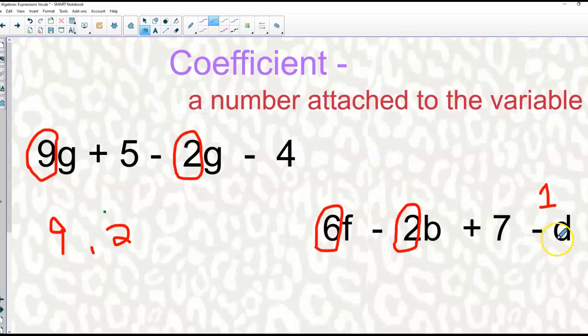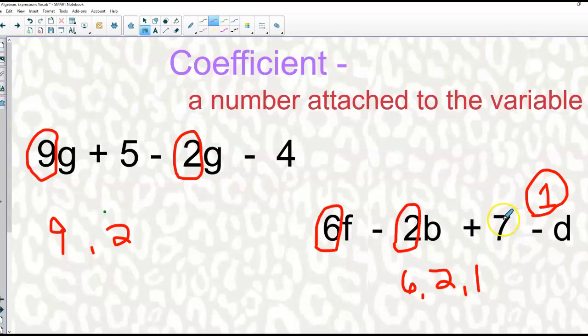So in this one, 1 would be our coefficient. It means you have 1 times D. This one means 2 times B, but when there's nothing there, we assume it's a 1. So this has coefficients of 6, 2, and 1.